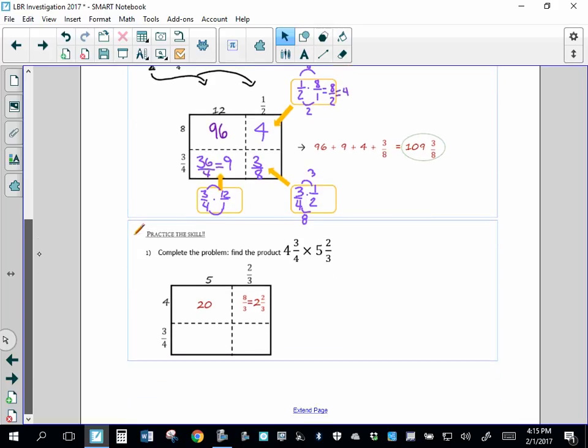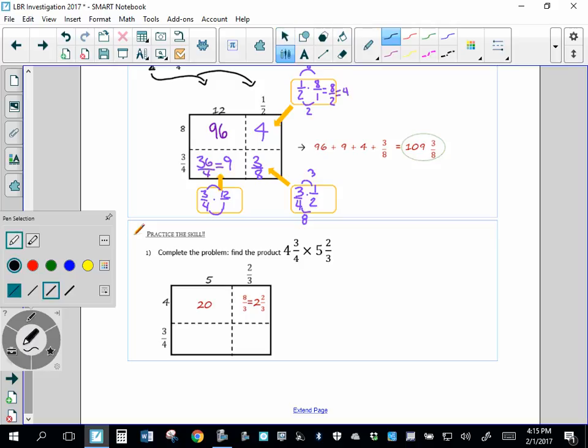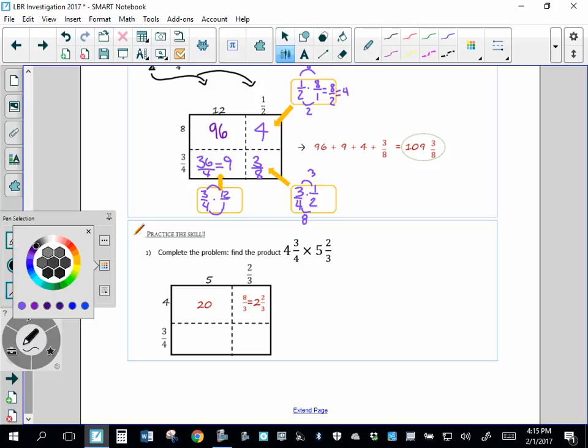And then at the end of class, we did the practice your skill problem. So again, when we take a look at the problem, we have the whole number 4 and the fraction piece split up.